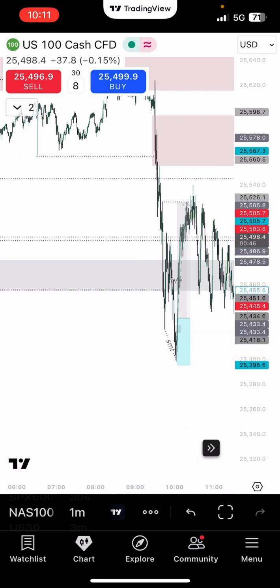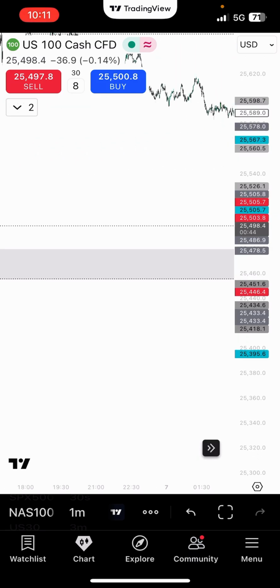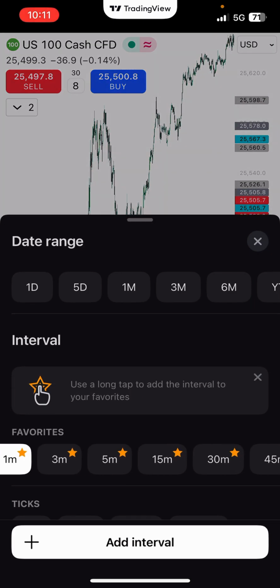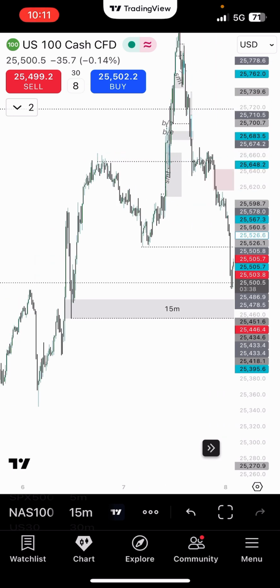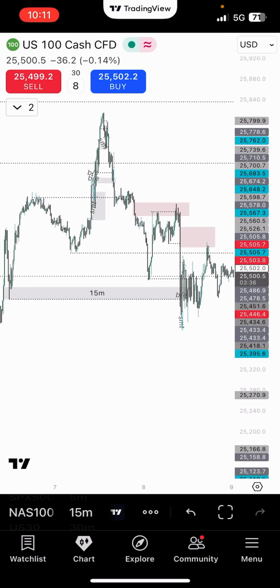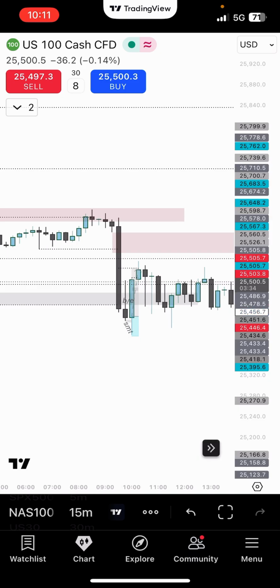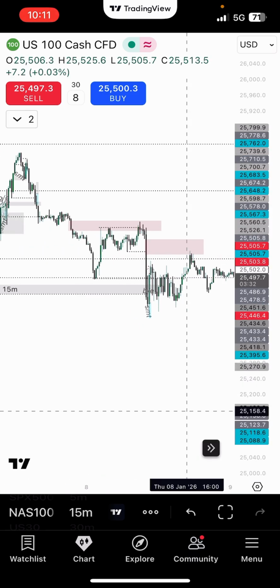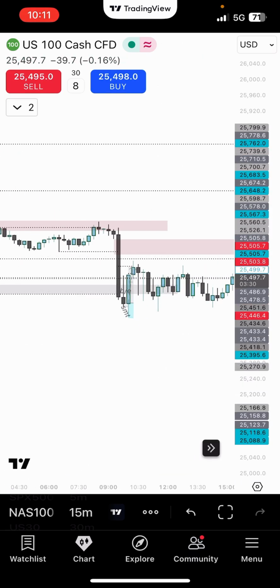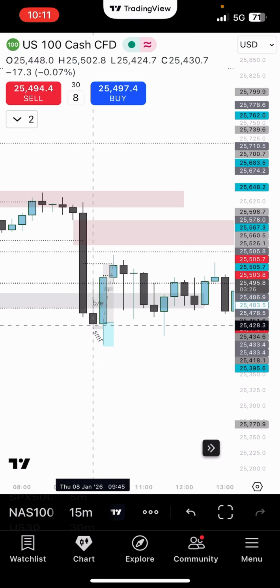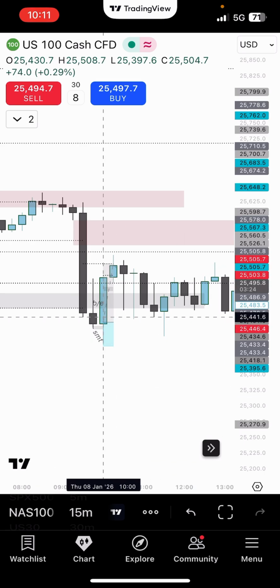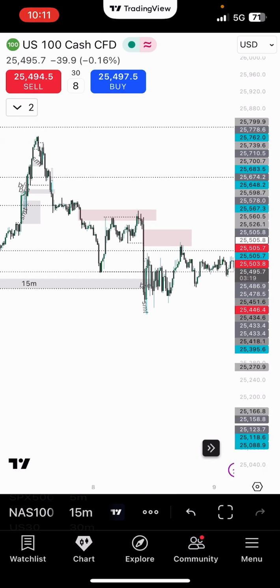So we also see an SMT, right, in which we have these lows here, this 15-minute low here. Let me just get on 15 minutes time frame rather. We have this 15-minute low, right? Exactly at what time? 10 o'clock. This is 9:30, 9:45, 10. This move happened exactly at 10 o'clock, right?